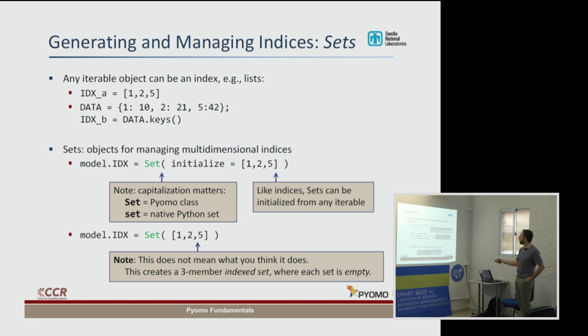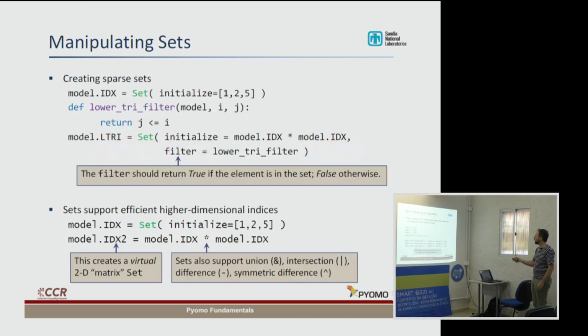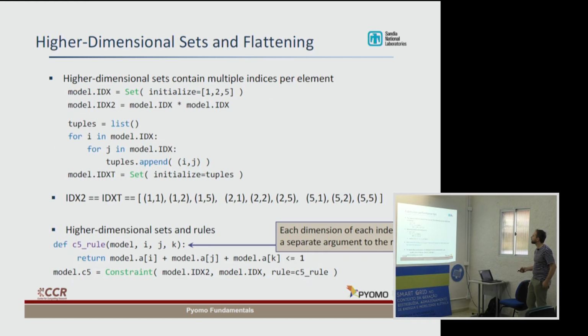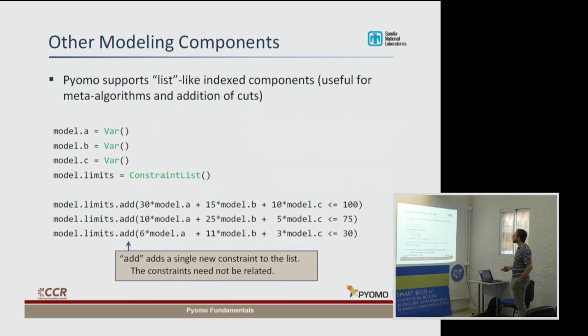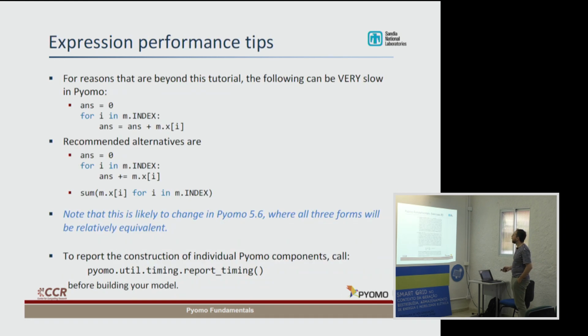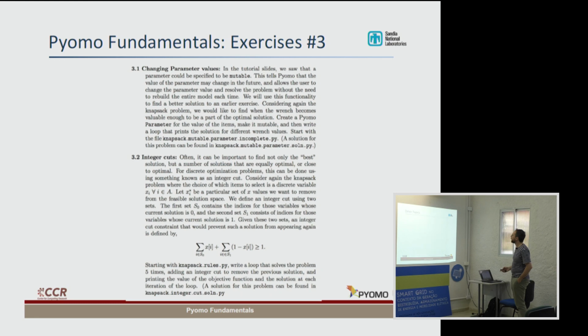But you can fix the order using this argument. Other modeling components, I'm not using that actually, but you can create a list of constraints and add constraints by constraints. So if you want to build a big matrix or system of constraints, you can use this argument.